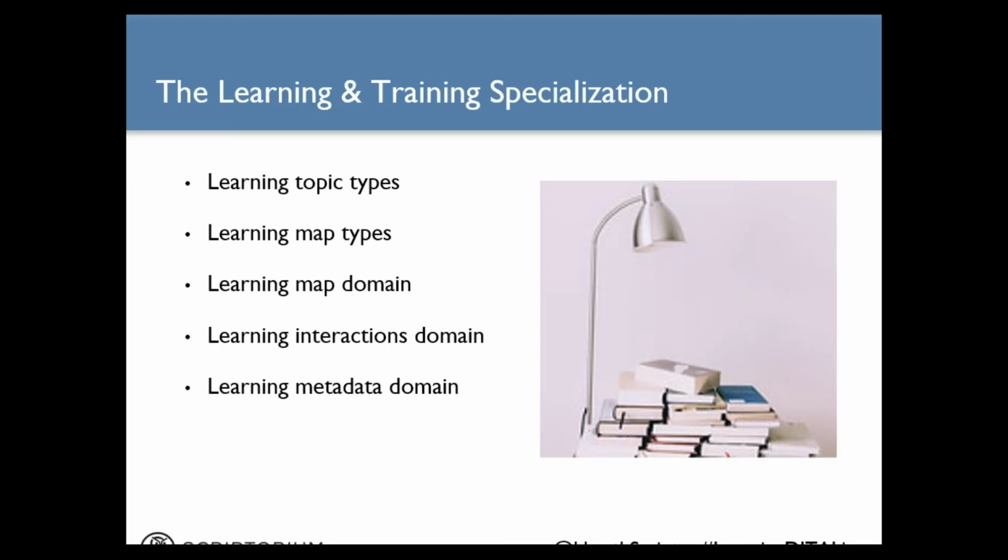And many of these topic types and map elements mirror standard data elements. There are some with new functionality, mainly questions, and we'll talk about those. But for the most part, you'll be able to see the commonalities in standard data elements inside of the learning and training specialization topics and elements.